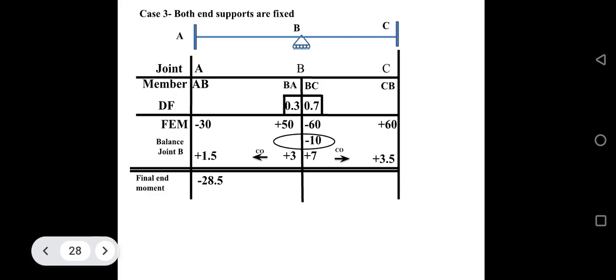So if you see, you can calculate the values of the final moments. In this way we can solve the two span continuous beam using the moment distribution table.